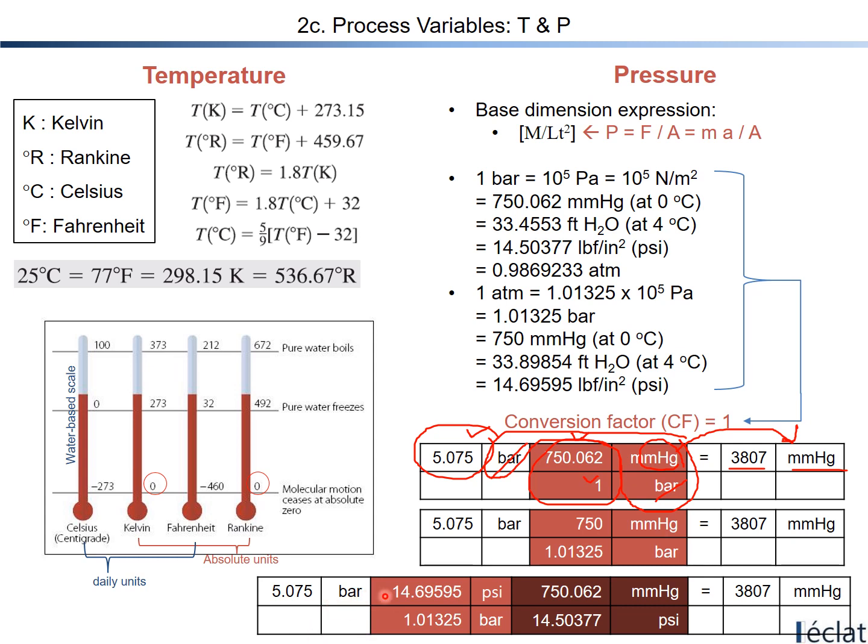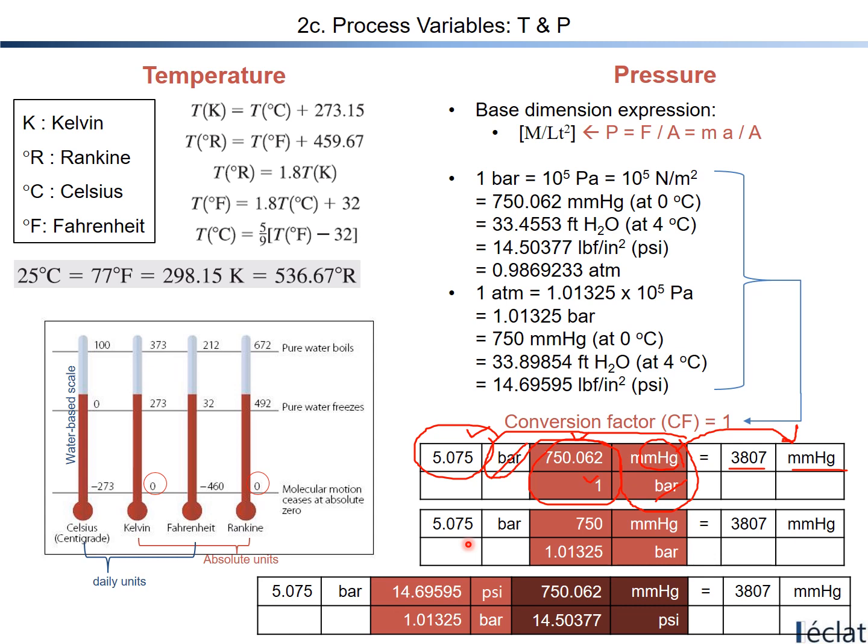At the first step in this third calculation, I want to use the conversion from bar to psi first. So where's the psi? Okay, here. So this value is going to the numerator and this value is going to the bar. Those two values are equal to each other, so this conversion factor is equal to 1.